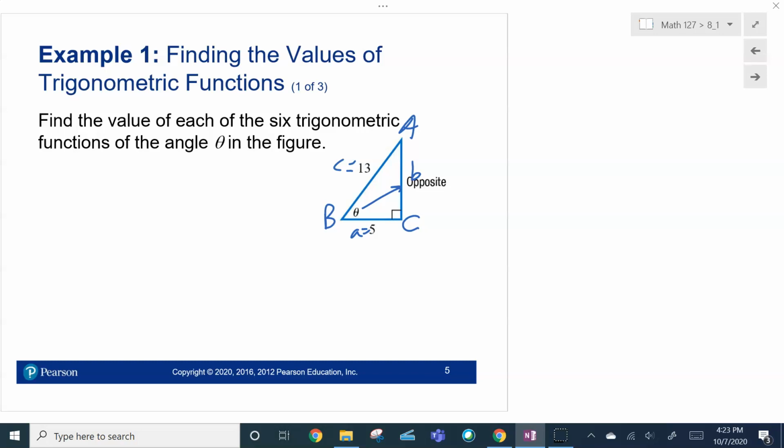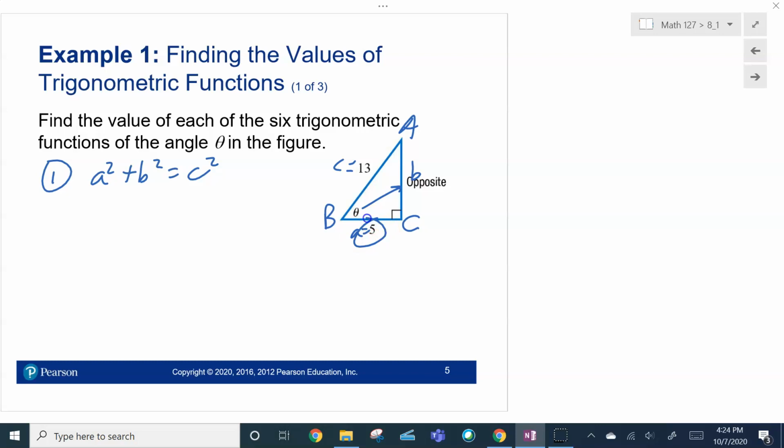Now, first of all, I remember that a squared plus b squared equals c squared, right? The sum of the squares of the legs of a right triangle equals the square of the hypotenuse. So the old Pythagorean theorem, the most important theorem in all mathematics.